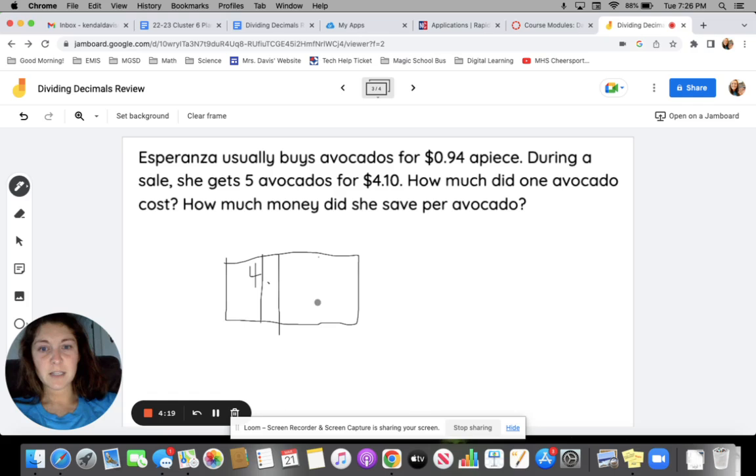Because the decimal is in the dividend, I leave it in the problem. And remember, it just likes to sit on the roof, so I move it straight up, okay? Then I have to ask myself my questions. How many times can 5 go into 4? It cannot, so that makes that first part easy for me.